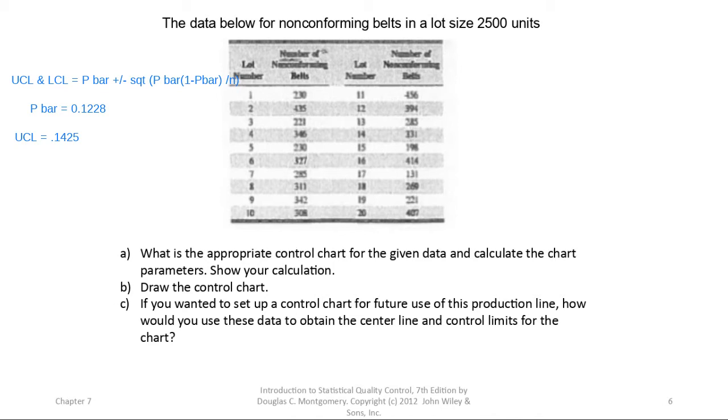You will need the P bar. For the P bar, you have to find the P first, which is the division of every reading over 2,500. After you add them all up, you divide by the number of readings, which is 20. So it will be the P bar. You have to go to the formula in chapter 7.